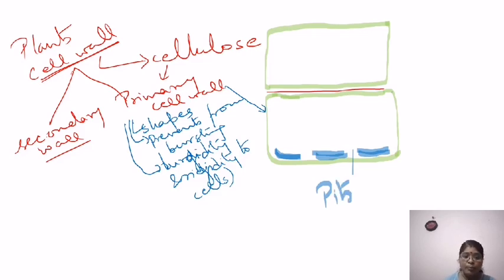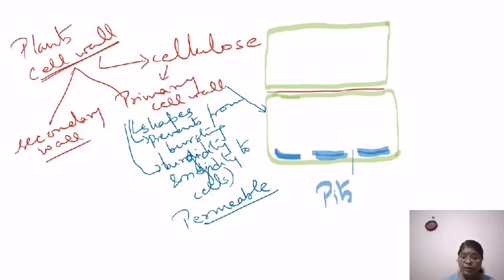If you look at the property of the primary cell wall, it is freely permeable. The substances therefore can move through roots. If you soak a seed, it is able to take up water. Why? Because it is permeable.